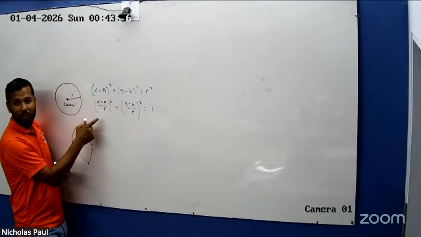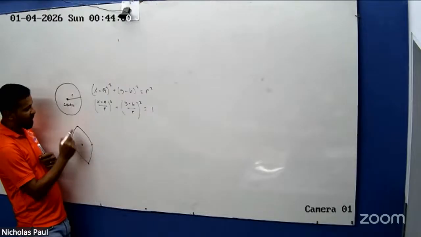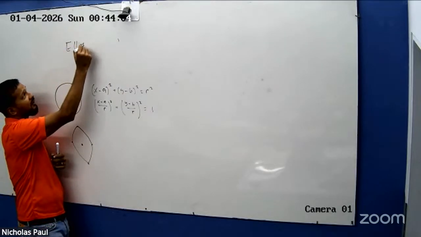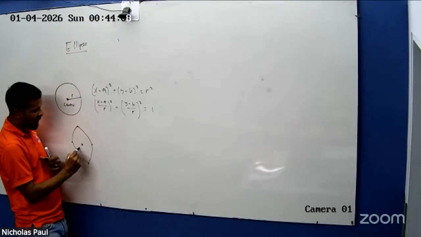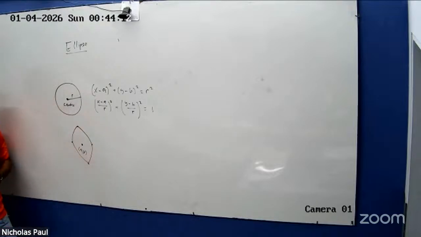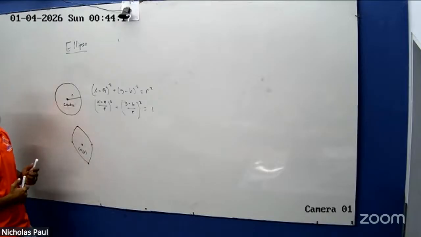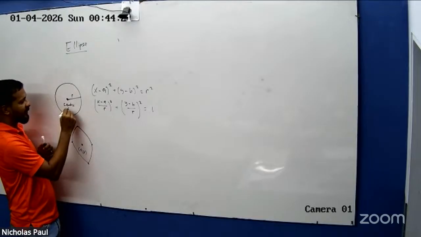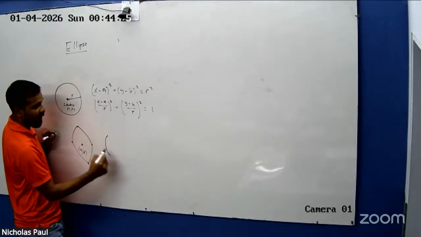So what changes now? Suppose I gave you an ellipse now, with the same center. The center is (a, b). What changed from the circle to the ellipse? Same center (a, b), but it doesn't have the same radius.